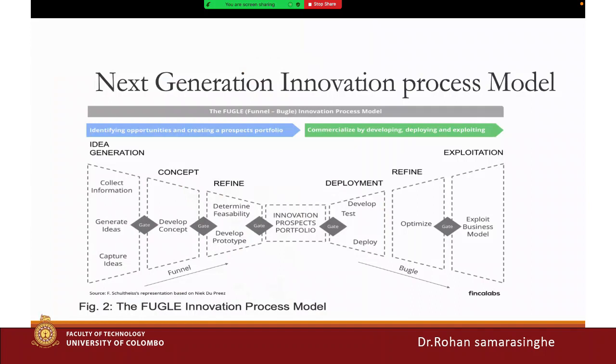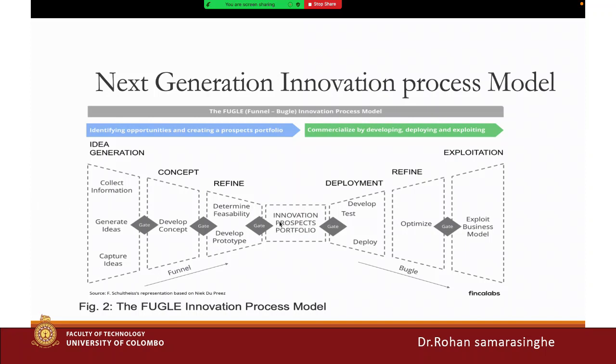Then when understanding the feasibility, once again we go through this gate and see the ideas that go through these gates: innovation prospects and portfolio. After this stage, only one idea can be seen at this time, so that all the analysis is done.